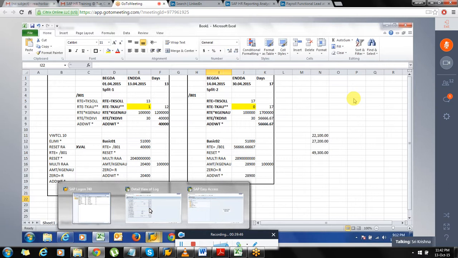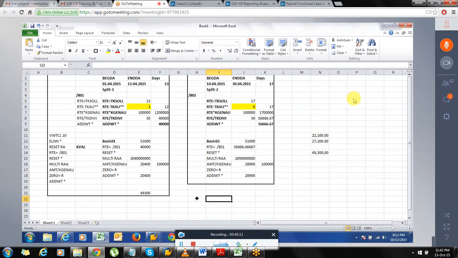So for them, the client has decided that if the employee is not utilizing, for the complete period, paid or unpaid absence, any of the options like casual leave, sick leave, or loss of pay, they will generate 100 rupees of bonus for the particular employee. So how do we capture that? We are writing a PCR using /810 wage type.